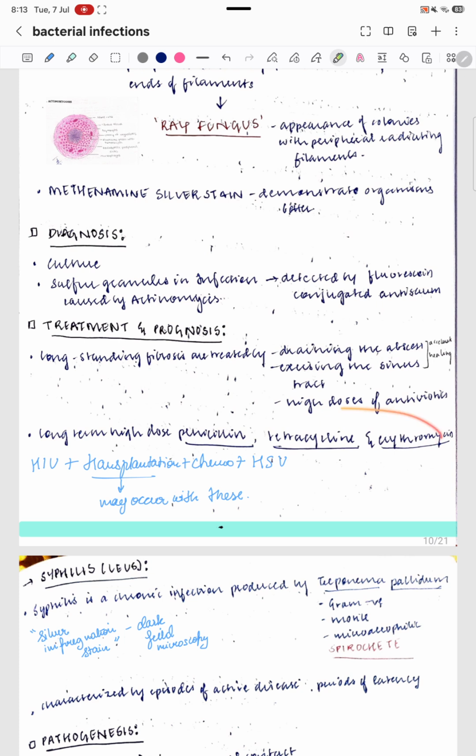So the basic antibiotics we are prescribing are penicillin, tetracycline, and erythromycin. HIV, transplantation, and chemotherapy can also cause this actinomycosis infection, because at the end of the day it is a type of opportunistic infection, right? So it can also be seen in immunosuppressed patients.